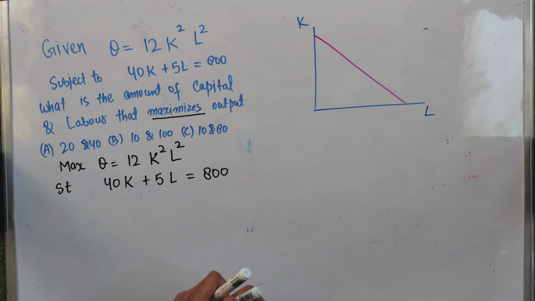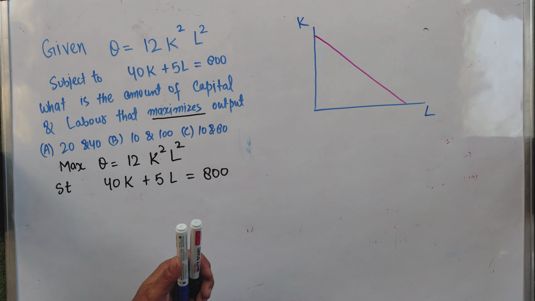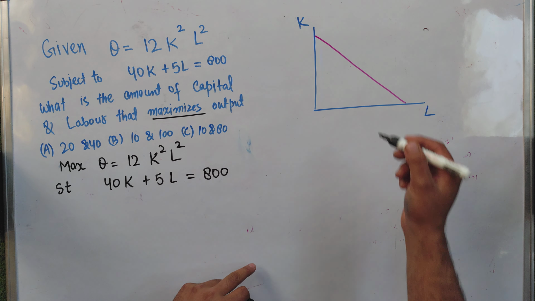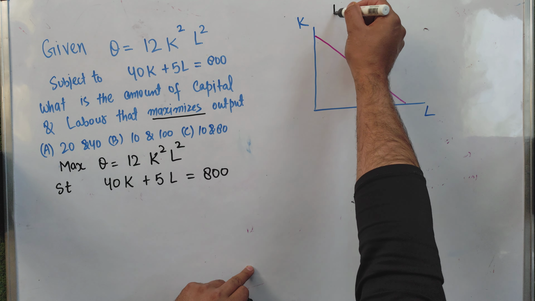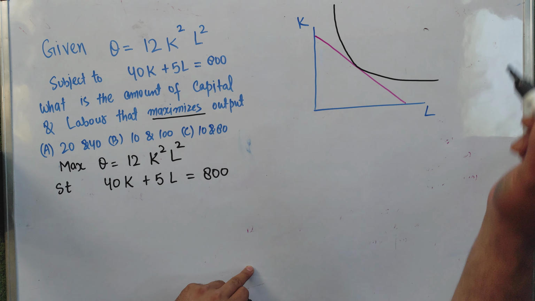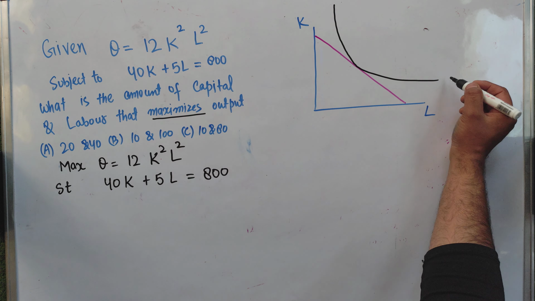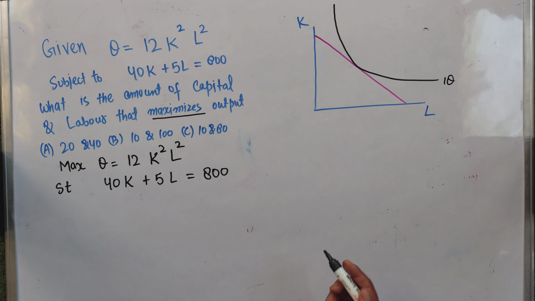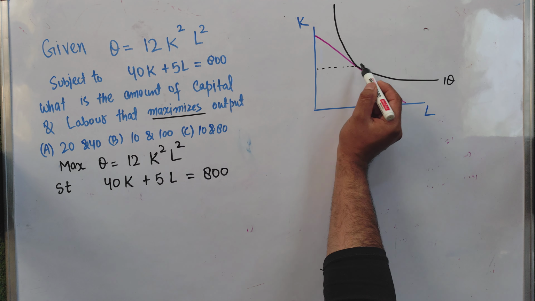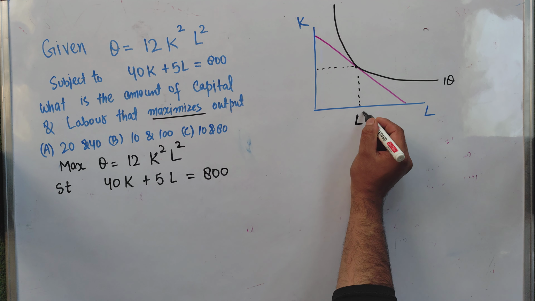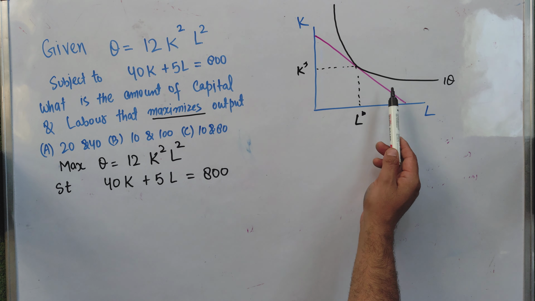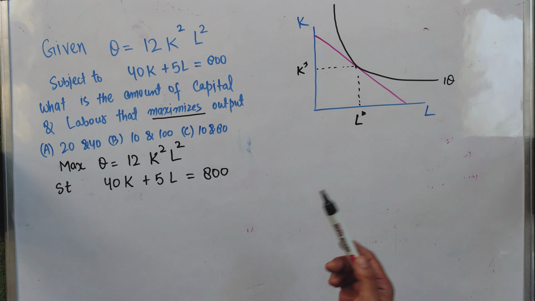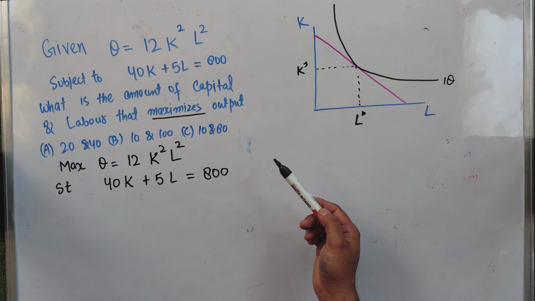Let me draw the isoquant here. So the optimal combination of labor and capital, let us denote by L* and K*, will be at a point where the production constraint and the isoquant are tangent to each other.